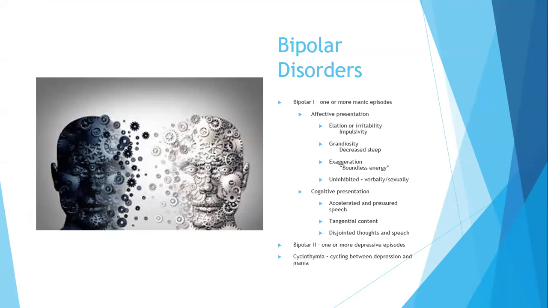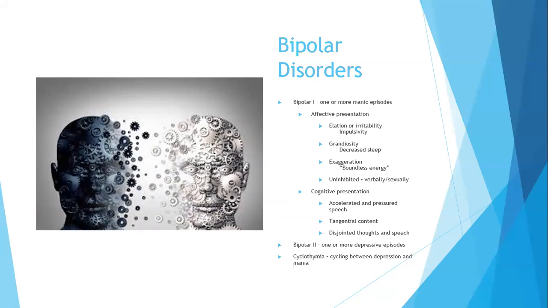I sort of think of it as, if you think of cyclothymia as ranging from mania to depression, bipolar 1 is sort of like ranging from mania to normal, and bipolar 2 is ranging from normal to depressive. And cyclothymia is the whole range. Hopefully that makes sense. That's how it works in my brain anyway.